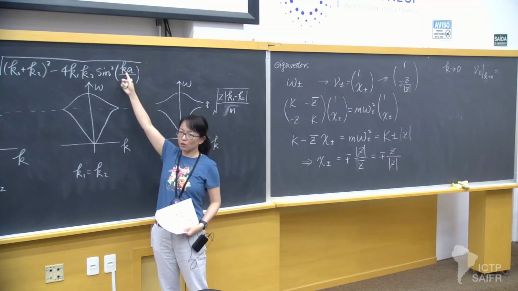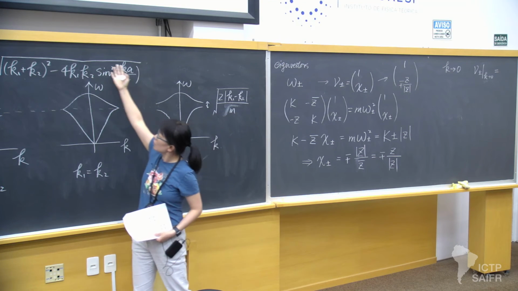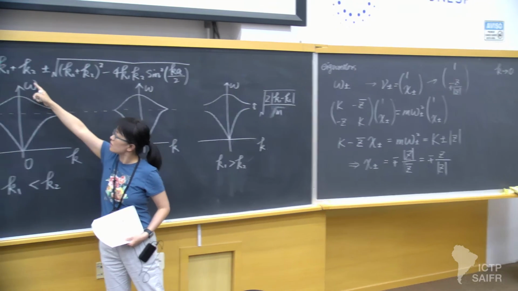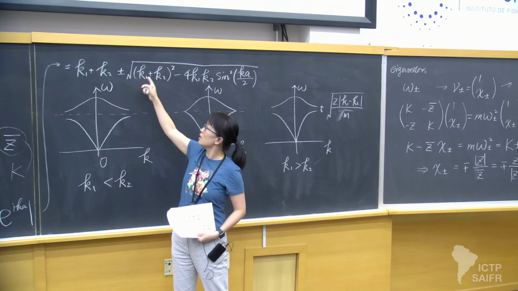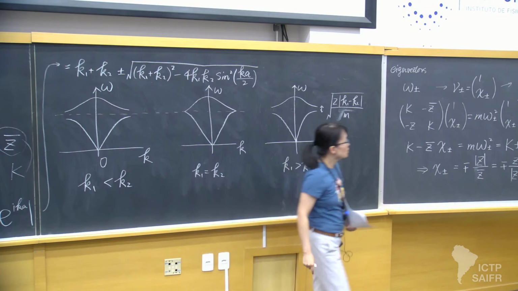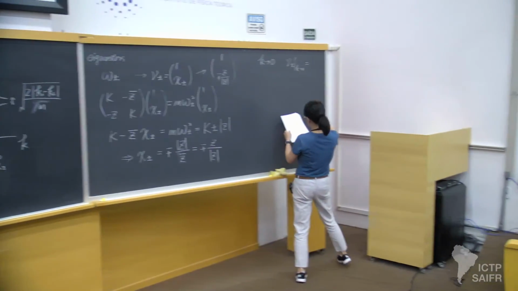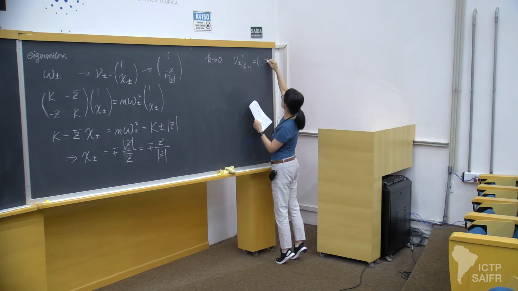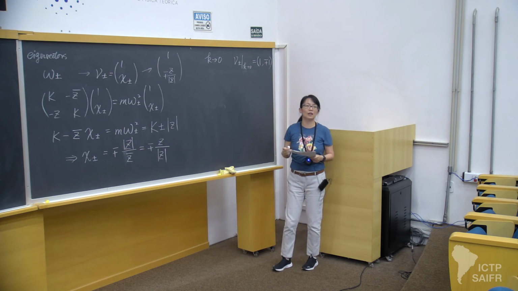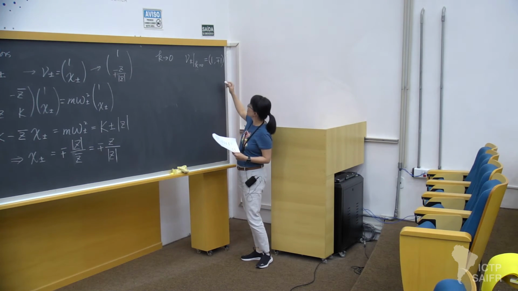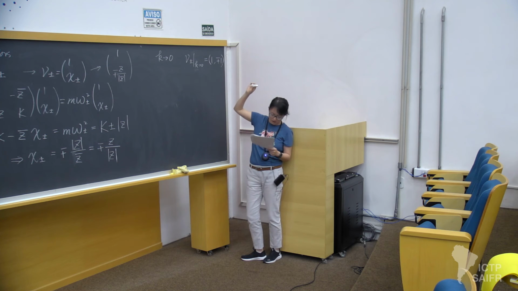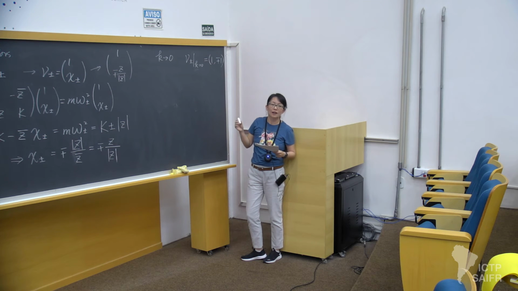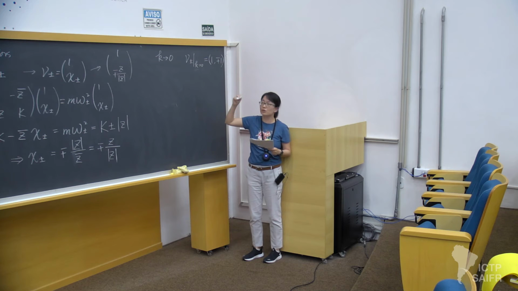So when this k goes to 0, this term vanishes, and then it is just K1 plus K2 plus or minus itself, right? So the two eigenvectors are just this. It's a particularly simple limit, and the 1, minus 1 is the upper branch, the so-called optical branch, and 1, 1 is the acoustic branch, right?